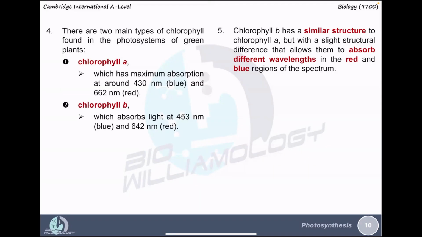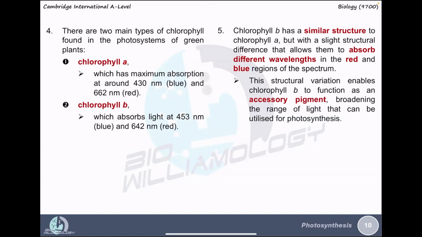Chlorophyll B has a very similar structure to chlorophyll A, but with a slight structural difference that allows it to absorb at different wavelengths in the blue and red regions of the visible light spectrum.